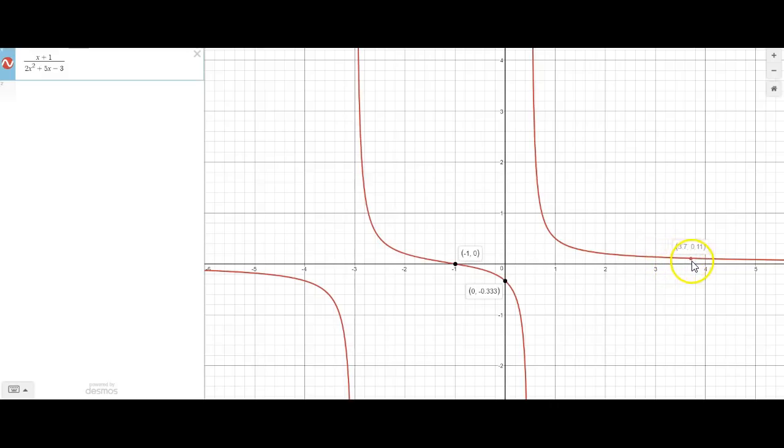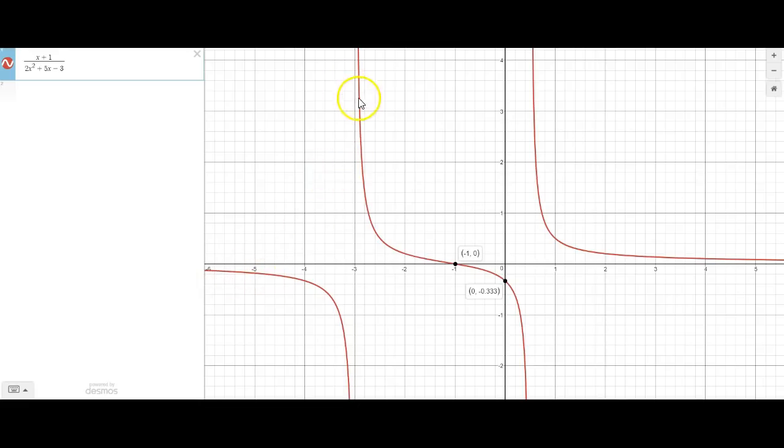So what's great about technology is we can see without having to tediously plug in those values what's happening. As I plug in those bigger and bigger x values, what's happening at the ends of the function towards positive infinity is I'm getting closer and closer to 0. On the other side, I'm getting closer to 0, but from underneath the x-axis. So I'm getting smaller and smaller y values there.